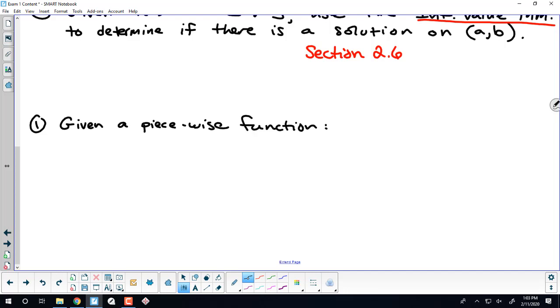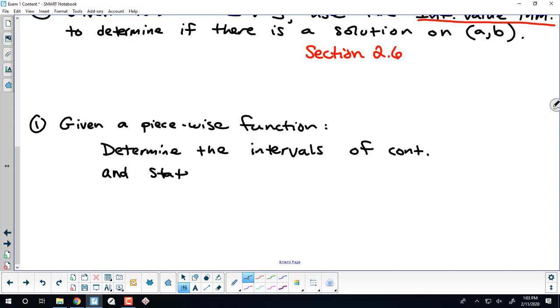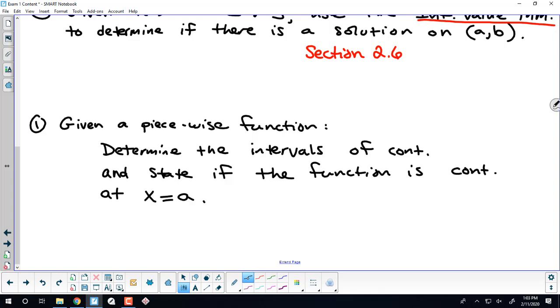You should be able to determine the intervals of continuity and state if the function is continuous at a point, just say x equals a. So that'll be given as x equals 1 or whatever.